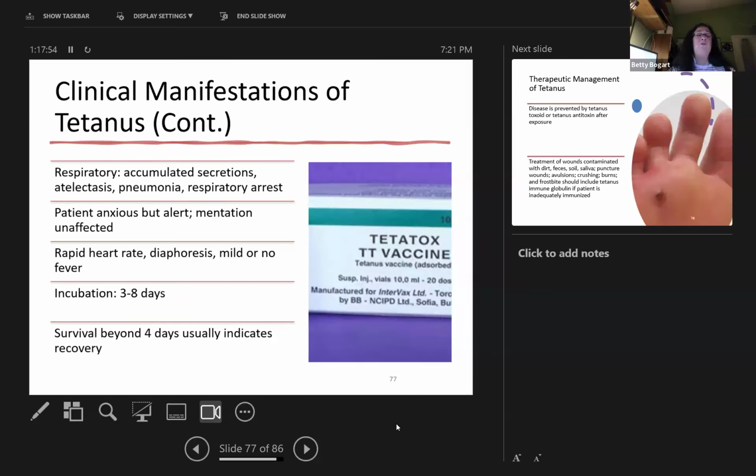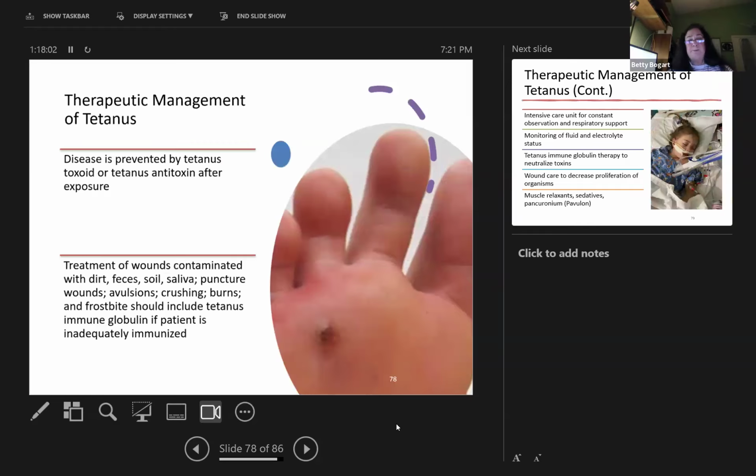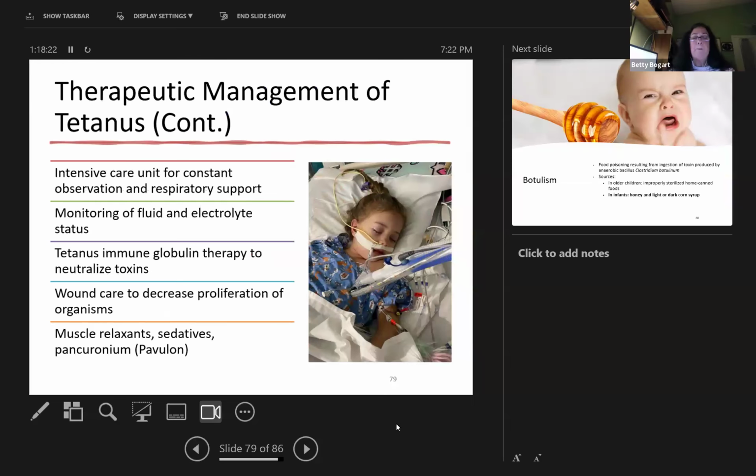So what do we do for this child? Well, we know that it's all respiratory that's starting, and the anxiety and whatnot. They're going to be intubated. They're going to be paralyzed and they're going to be sedated. We're also going to be taking care of that wound. It's part of the treatment. Don't forget tetanus, that was a point of entry. So we're going to do that. We're going to give tetanus toxoid and immunization.